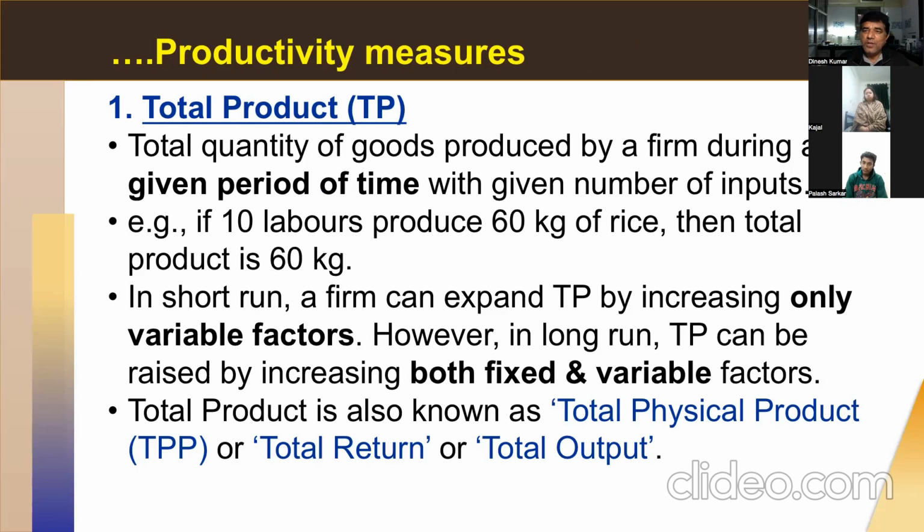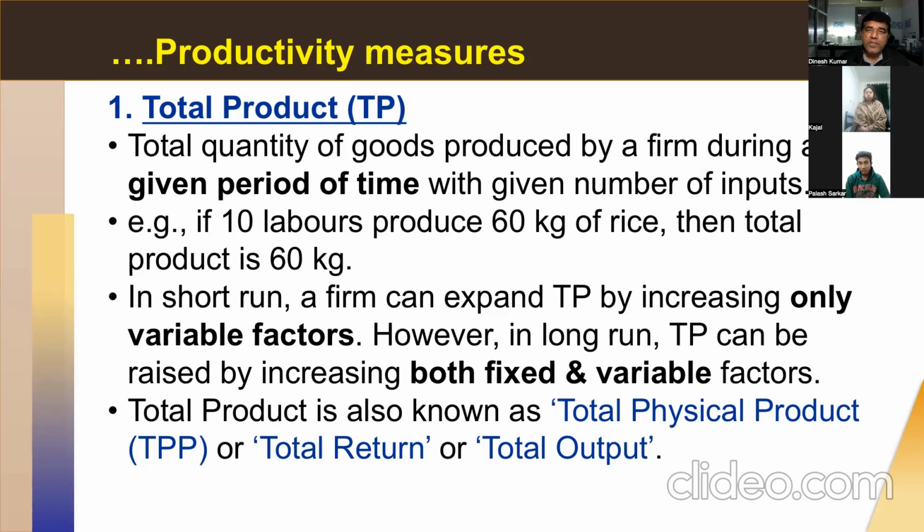This is in relation to variable input or inputs. In the short run, a firm can expand total production by increasing only variable factors, as already told several times. However, in the long run, total product can be increased by increasing both fixed and variable factors.